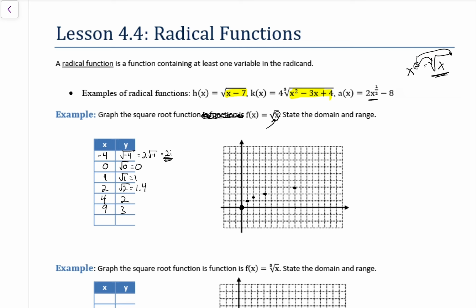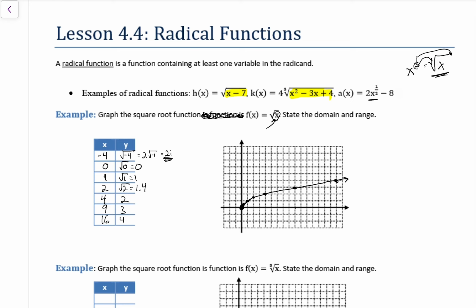We have the point 9, 3, and let's see if we can put 16 there. The square root of 16 is 4. And we have this point here. If we look at our pattern here, we can go through those points, and our graph looks like this.